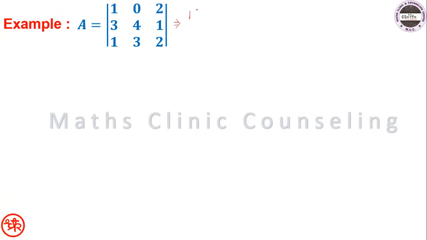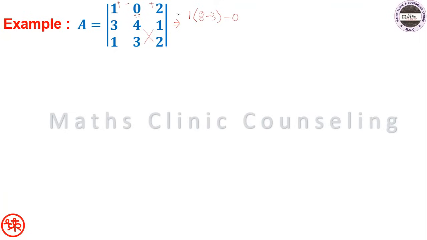By that method, it is 1 into what? Omitting the elements in the row and column of 1, you get 4 into 2 minus 3 into 1, that is 8 minus 3. Then minus the second element, which is 0, since we decided plus sign, minus sign, plus sign.